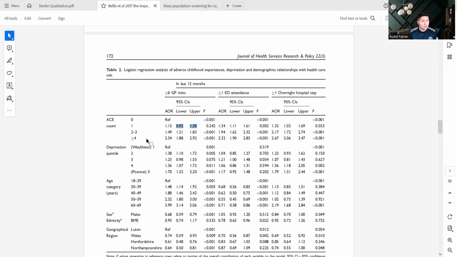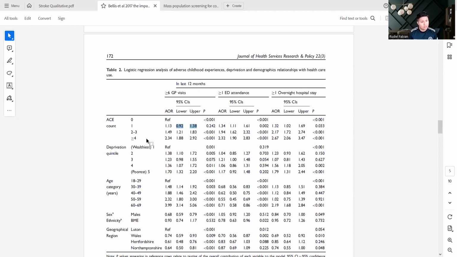And so the way it tests it, when you put it in odds ratio terms, is that they do it in terms of probabilities. So it's really saying, as a hypothesis, is the probability of going to the GP if we have an ACE score of 1 the same as the probability if you have an ACE score of 0?